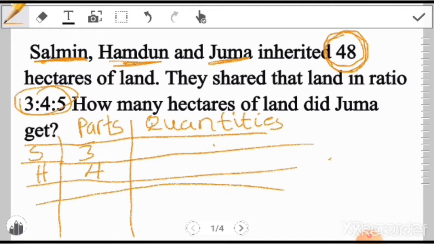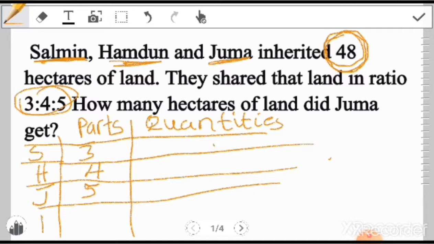And the third was Juma. Juma got 5 parts. The last row, we are going to keep the total. So we have 3 parts, 4 parts, with 5 parts, we get altogether 12 parts.